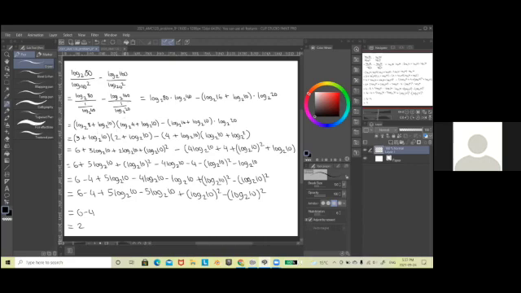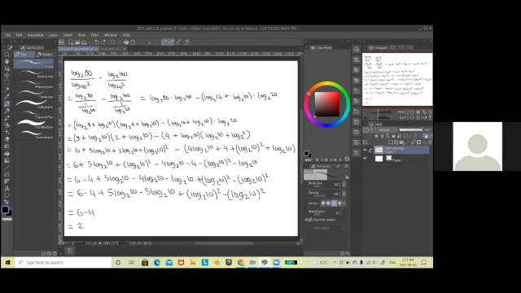And this right here has a value of 2 because 2 to the power of 2 is 4. So we can just write 2 here instead. And same for over here, 2 to the power of 4 is 16, so we can just write 4 here instead.